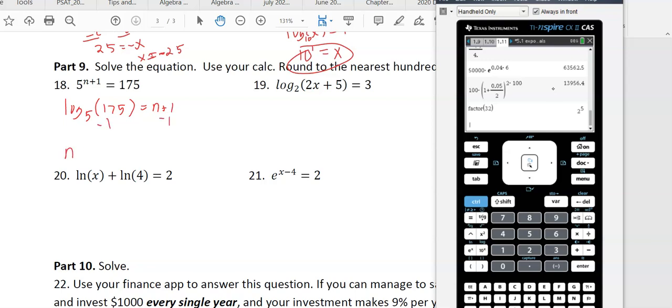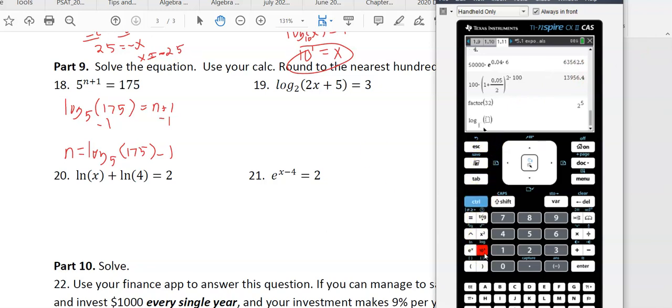So we get n equals log base 5 of 175, minus 1 outside the parentheses. At that point, if you want the decimal, you would just type in control 10 to the x, it's log base 5 of 175 minus 1, is approximately equal to 2.2091.